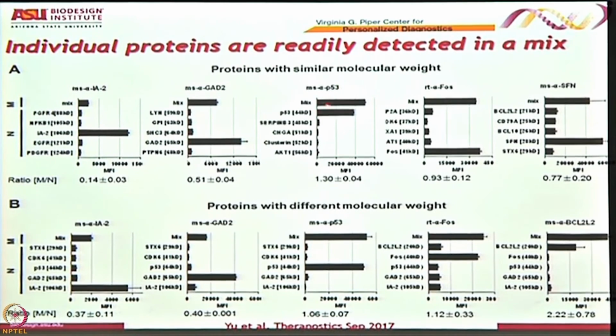Here's anti-p53. It turns out that the mix was even better than the single protein was. Here's anti-FOS. You can see that the mix was about the same as the individual spots. And here's, I can't read that, SFN. And again, you can see that they're comparable. That showed us that the system was basically working.